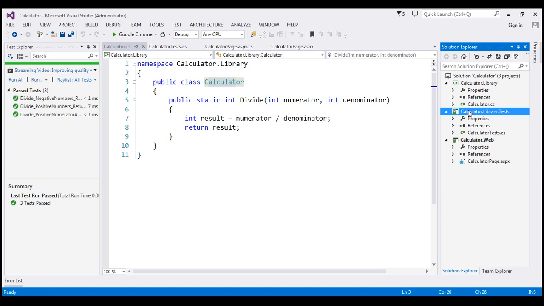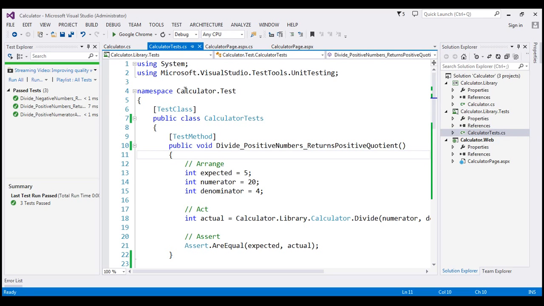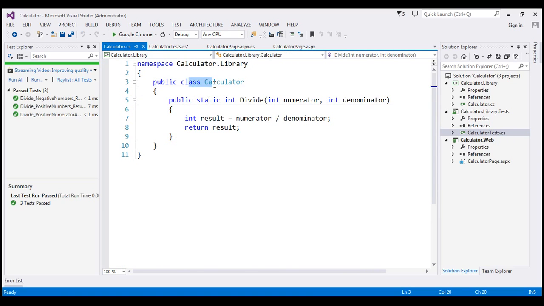Now, since we named the project calculator.library.tests, it also makes more sense to change the namespace name as well. So let's change it to calculator.library.tests. The moment we do that, look at that, we have got a compilation error. That's because we are already within the calculator.library namespace, within which we have that calculator class.